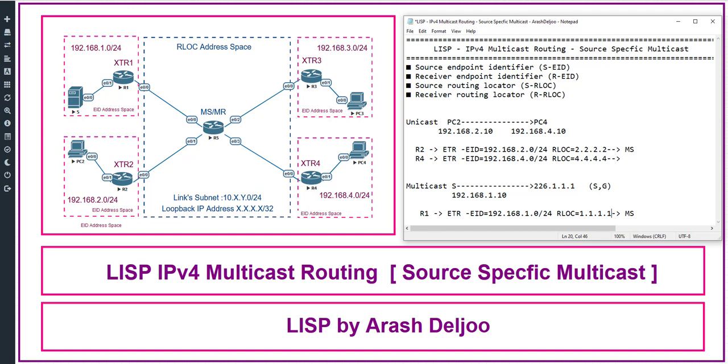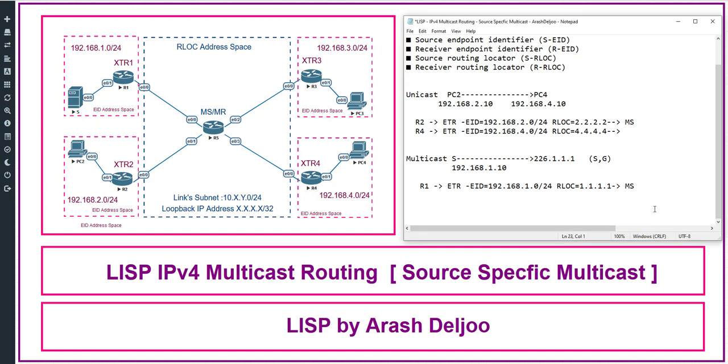LISP supports multicast environments, and we can talk in detail about how LISP can forward multicast packets. In LISP, we can forward packets from the source to multiple destinations with two methods. Let me talk about these two methods. Here we have two replication methods.